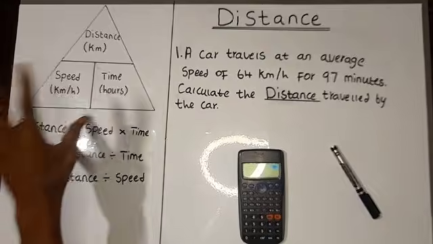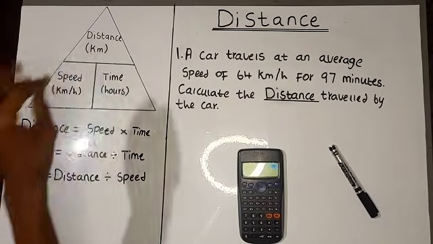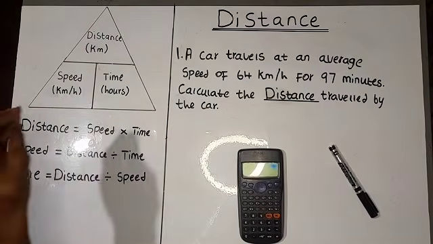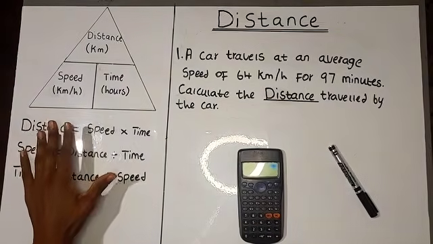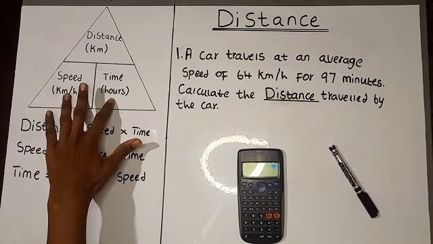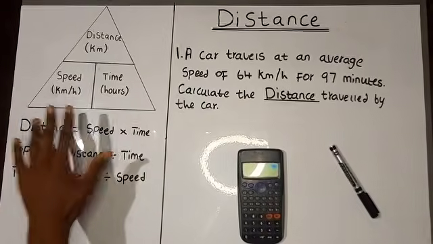So if you've been given your distance in centimeters or meters, for instance, you have to convert your distance to kilometers first before you can start working with the formulas. If you've been given your time in minutes or seconds, you have to convert it to hours first, or else your answer will not be correct.